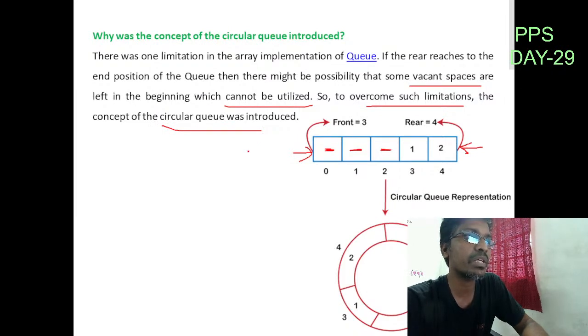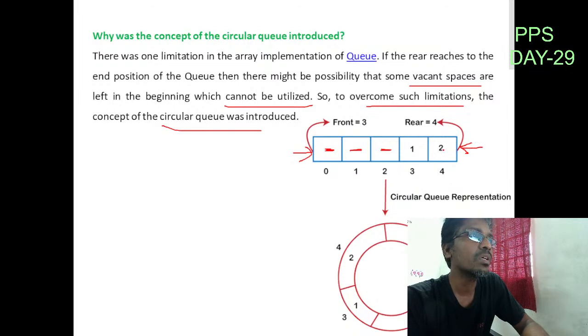I hope you understand what I am saying. In a queue operation, insertion takes place through the rear end and deletion through the front end. Once the rear value points to the maximum size minus 1, you cannot insert any more elements through the rear end.